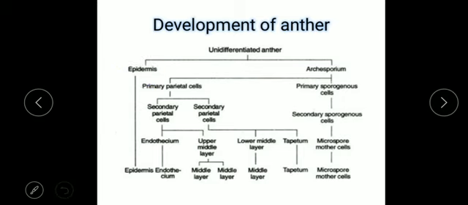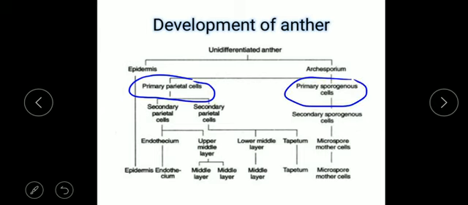So it is the outermost layer, which will not show any different layers; it will only act as the epidermis. But what about the archesporium tissue? It will undergo successive divisions, and then form the primary parietal cell and primary sporogenous cells.